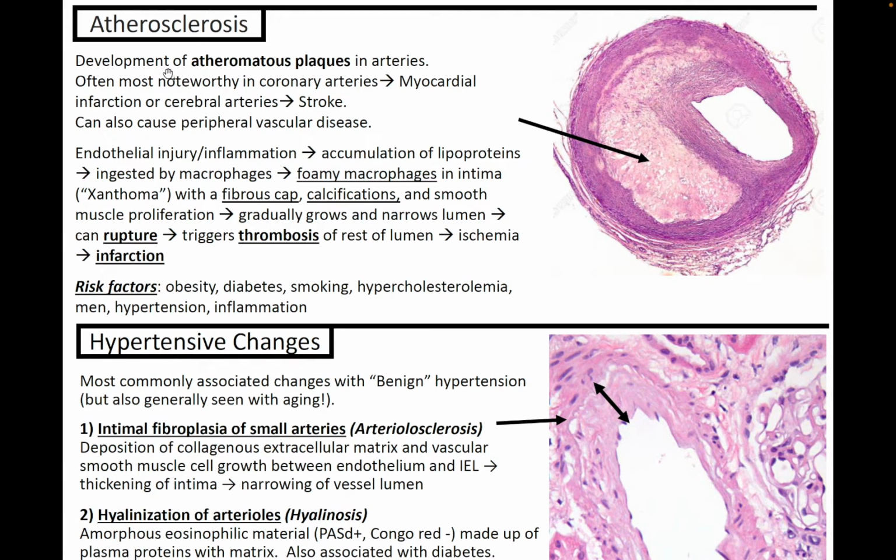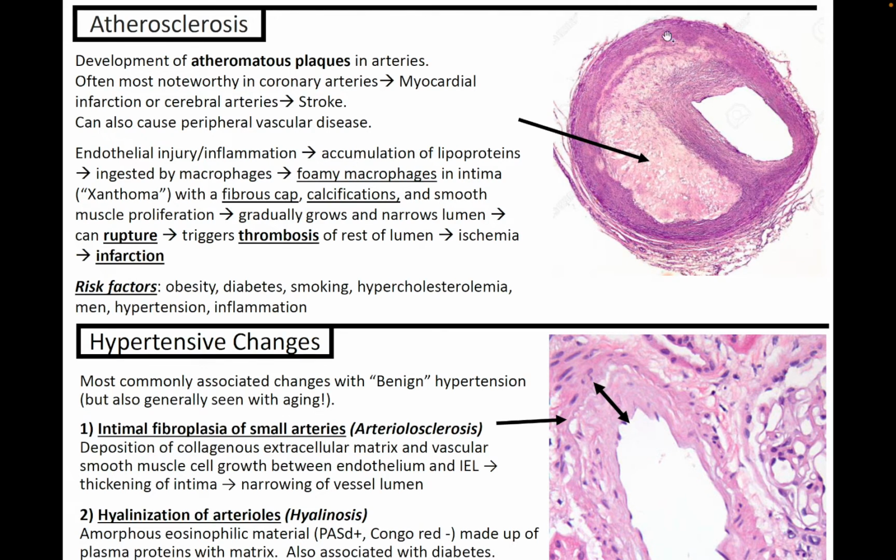The pathophysiology is you have endothelial injury or inflammation, which leads to accumulation of lipoproteins, which are ingested by macrophages, leading to foamy macrophages in the intima, or a xanthoma with a fibrous cap, calcifications, and smooth muscle proliferation, which gradually grows and narrows the lumen. This can rupture, trigger thrombosis of the rest of the lumen, lead to ischemia, and of course lead to infarction.